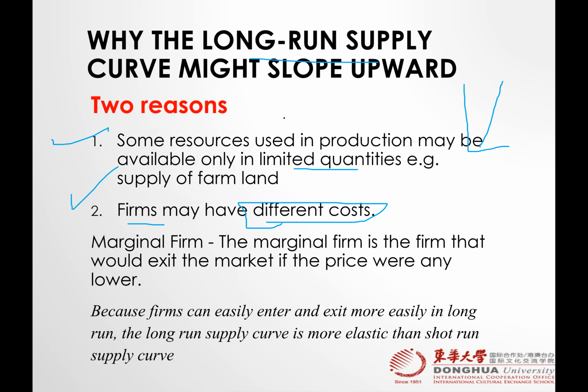We cannot say that since, for example, $2 is the MC of firm A, that doesn't mean that the $2 is also the MC of companies B, C, D, E, F, G, because companies have different production methods, right? One company is using the latest technology to produce, one company is using old technologies. Of course, with old technologies, their MC is going to be high. The firm that is using new technology, its MC is going to be decreased. So due to different cost structures, we still see that the long run supply curve is not a horizontal straight line, it is upward sloping, right?